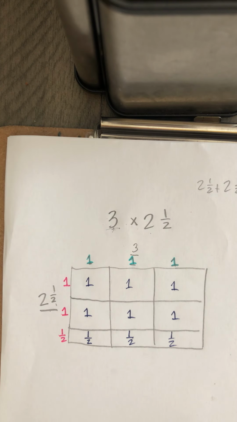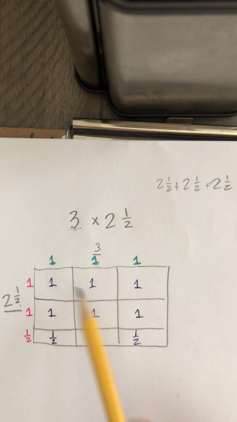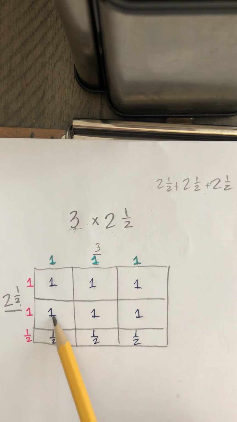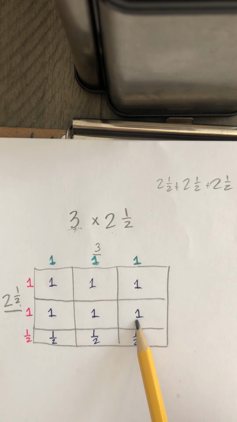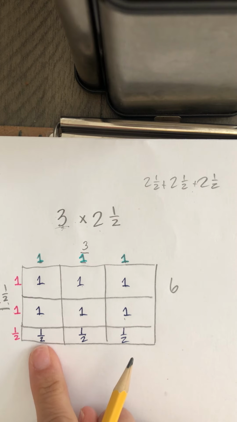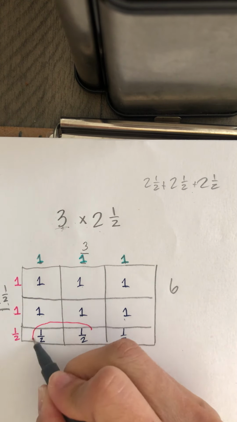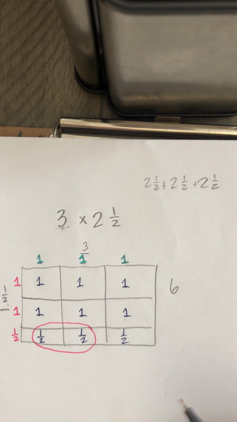Okay, so let's take this now and add them all together. You have 1, 2, 3, 4, 5, 6. You have 6 ones, 6 units, and then I'm going to circle things right here. What's a half plus a half? Well, boys and girls, that's another 1, isn't it?